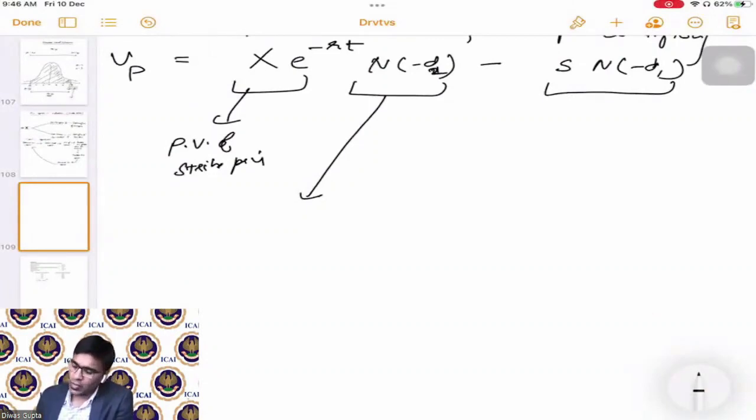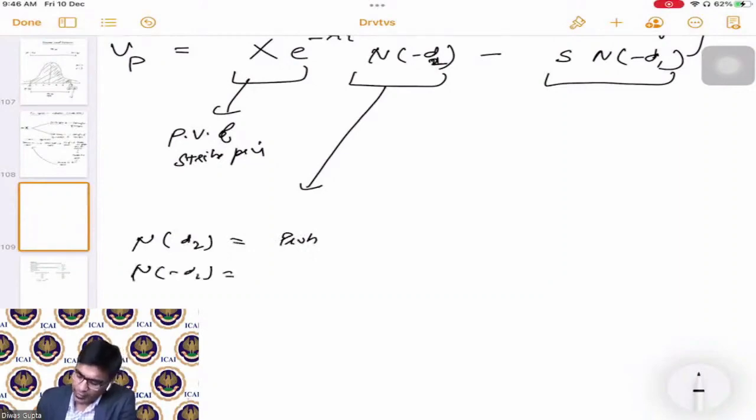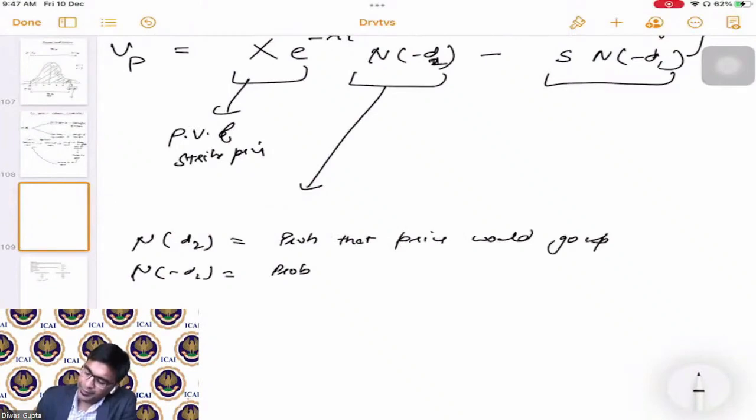N(-d2) is what? See, if N(d2) is the probability, then definitely N(-d2) will also be a probability, correct? But if N(d2) is the probability that price would go up from strike price, correct?